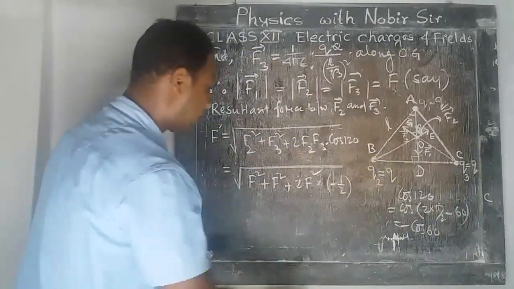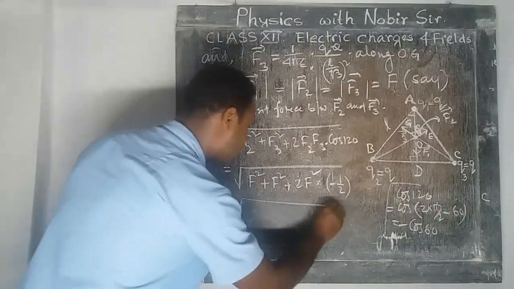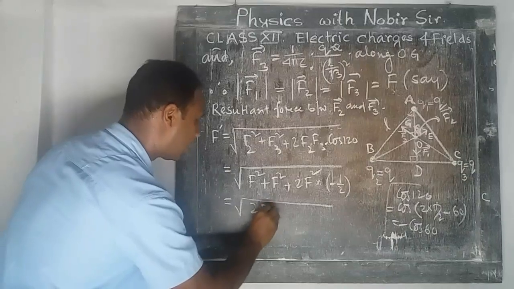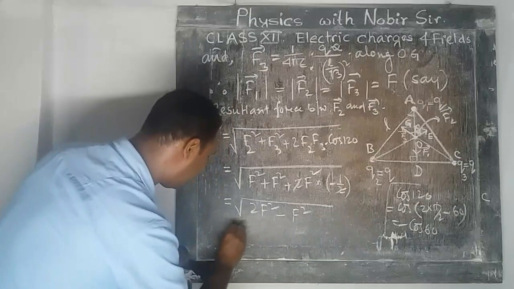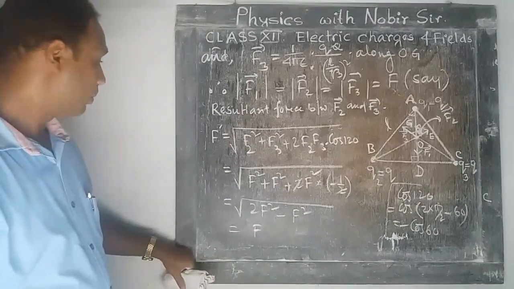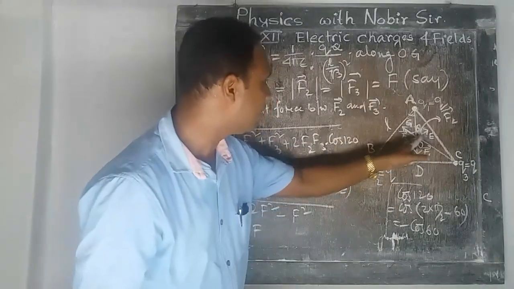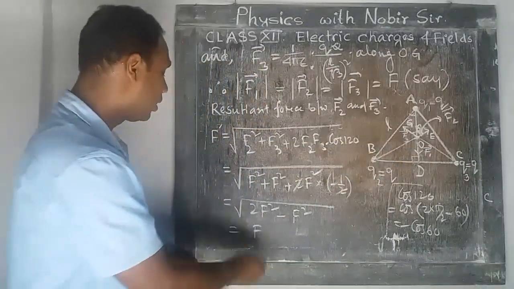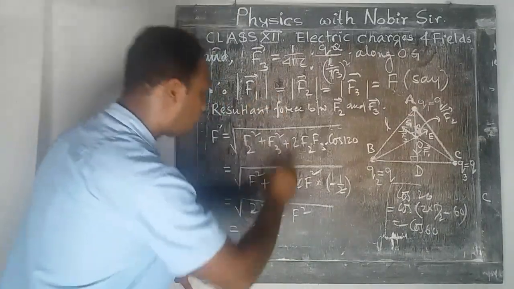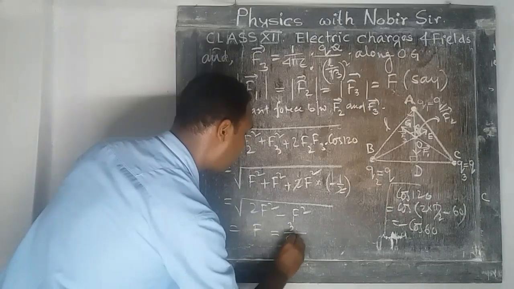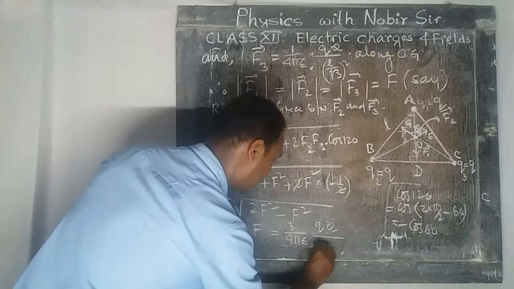So this is the mathematical part, I am not ignoring this one. So what happened, we find 2F square, these two cancel, minus F square, ultimately we got F, meaning the resultant of F2 and F3 vectors is F. F means 1 by 4 pi epsilon naught small q capital Q by L square.